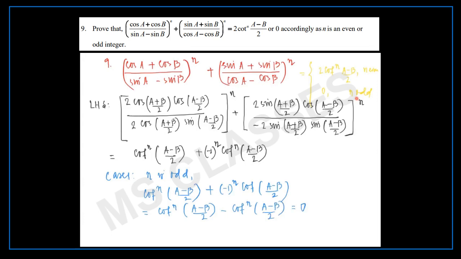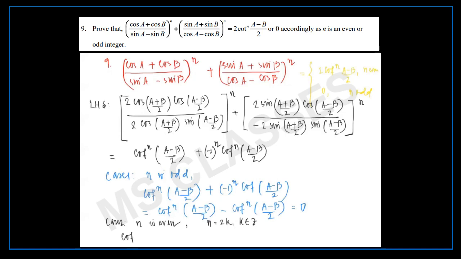Now, when n is even, then what we have? Case 2. N is even. N is even means you can think n equal to some 2k, where k is some integer. So this will be what?